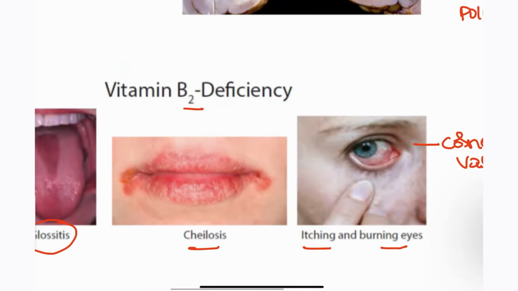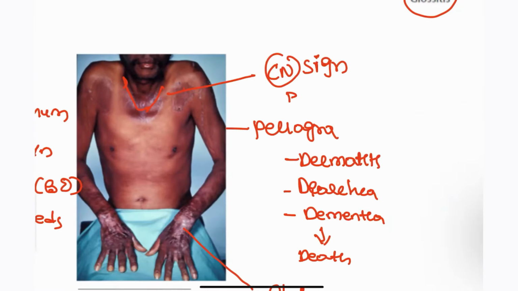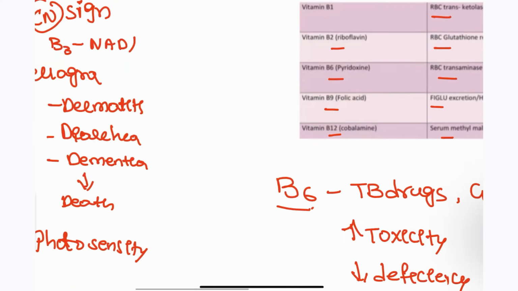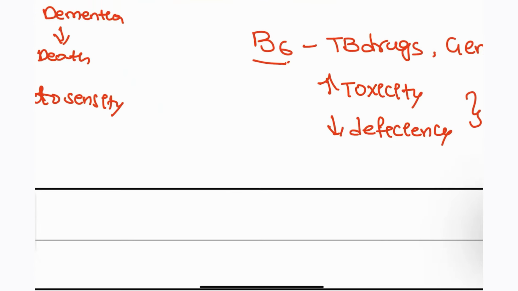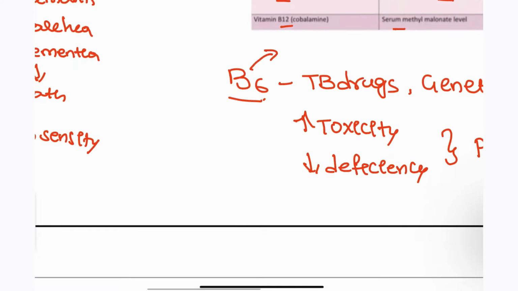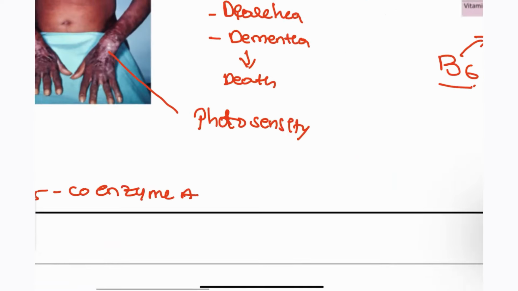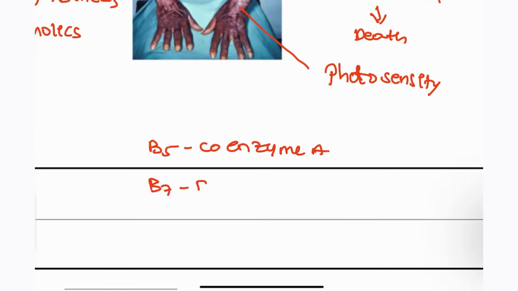Next, B2, where FAD will be present. B3, niacin, NAD. Next, B5 consists of coenzyme A. B6 contains pyridoxal phosphate. And B7 is biotin, the enzyme cofactor which will be present, guys. Then B12 and B9.